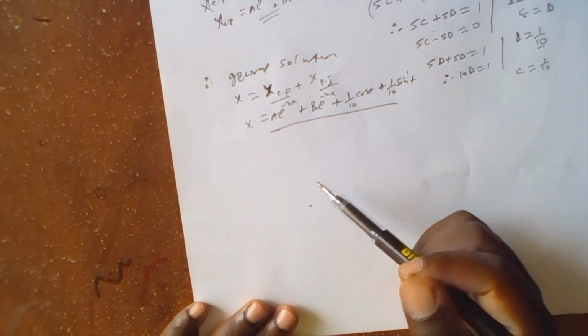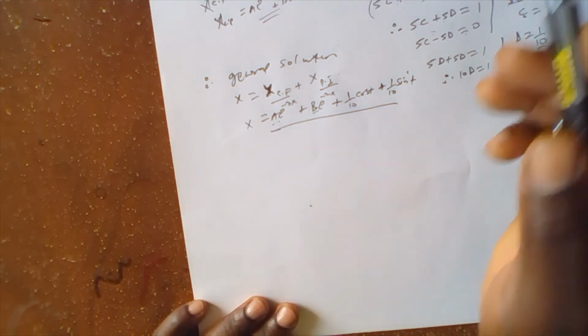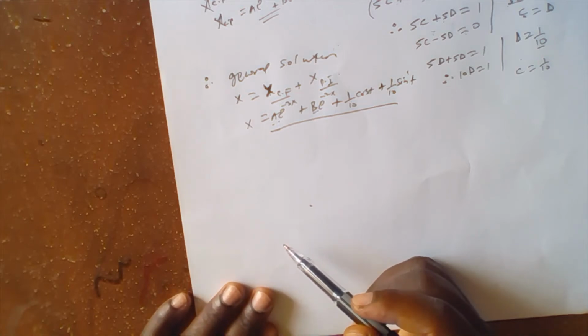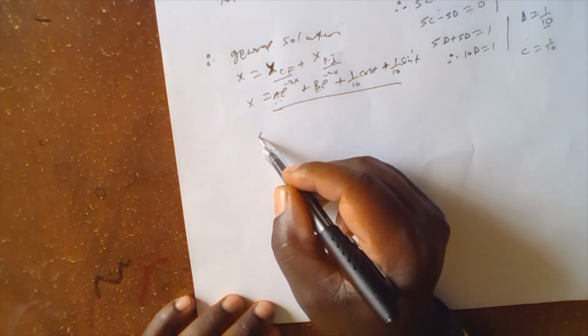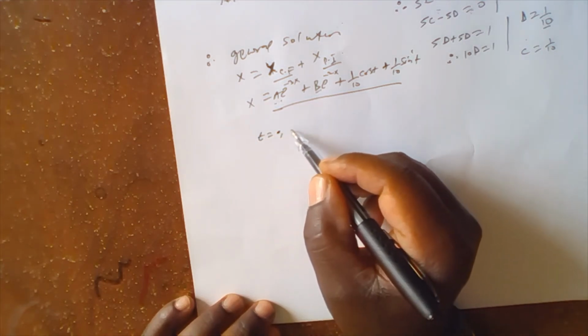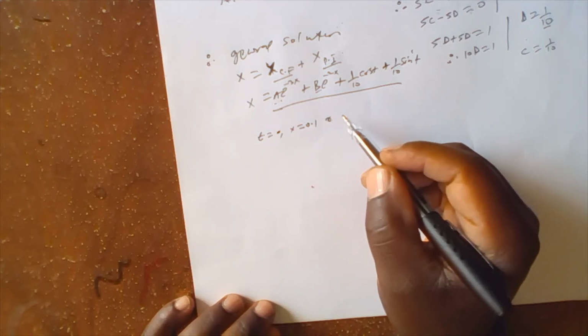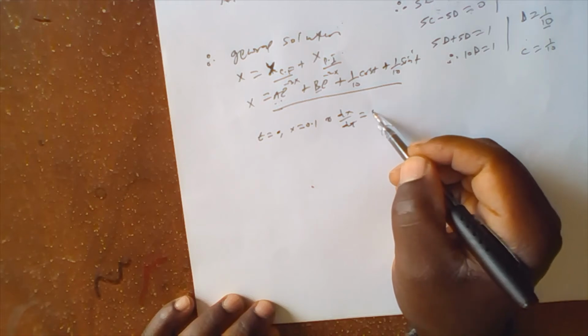What it means is that we can get the values of a and b from the given information. So the given condition was that when t equals 0, x equals 0.1 and dx/dt equals 0.